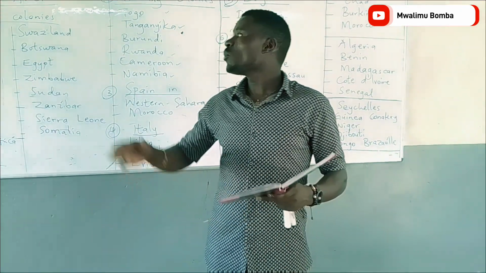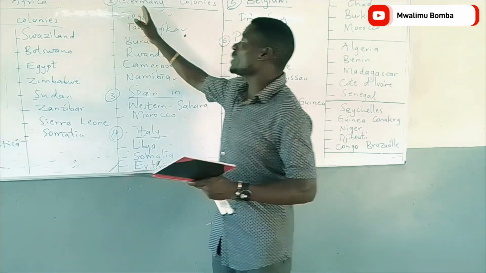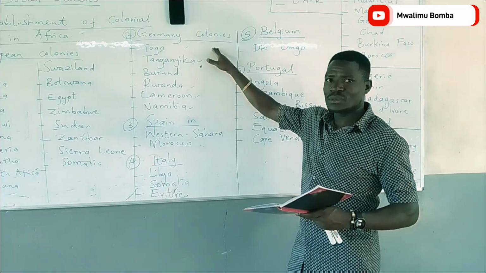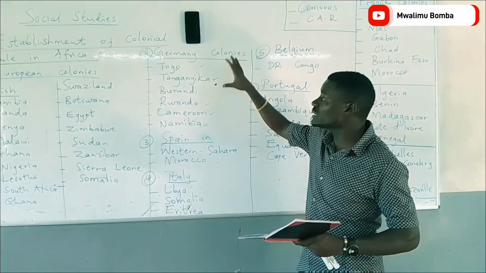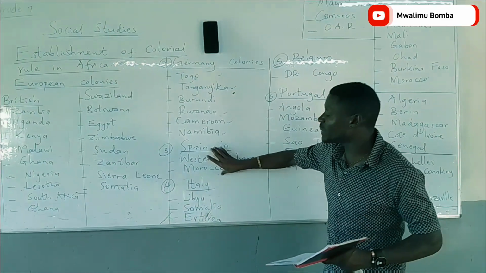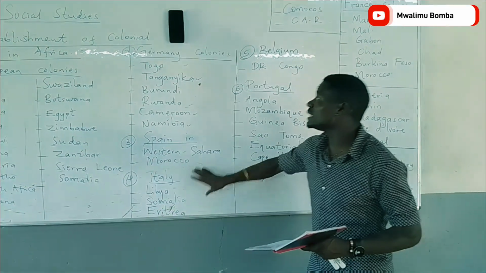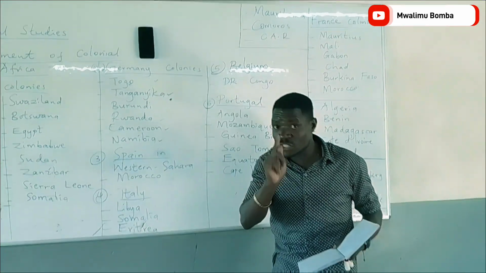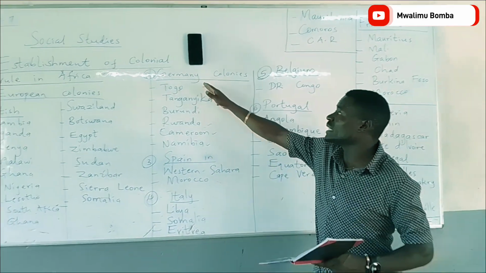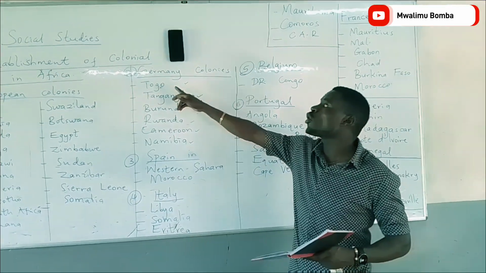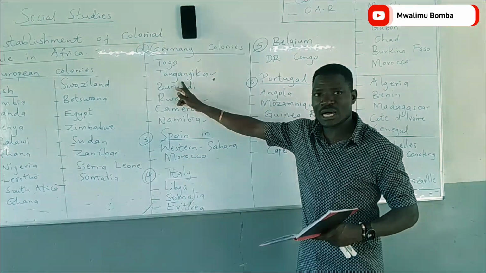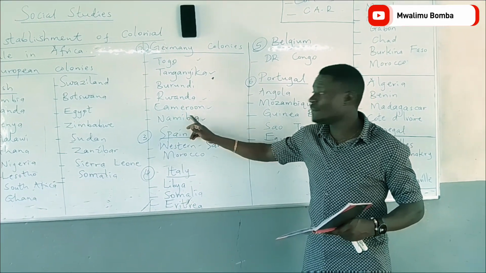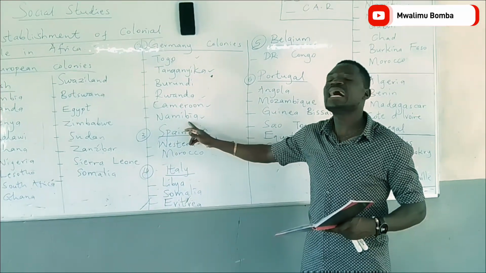Now, we shall start from the German colonies. In our song, we mention German colonies, the Spanish colonies, the Italian colonies, and the Belgian colonies. So I want you to pay attention. German colonies: Togo, Tanganyika, Burundi, Rwanda, Cameroon, and Namibia.